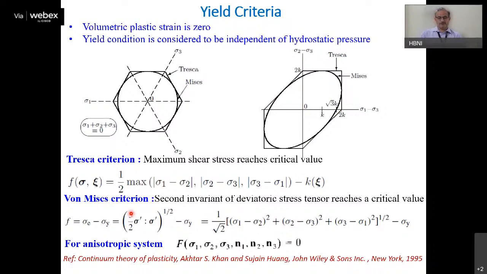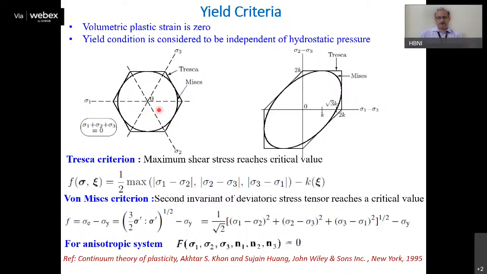That defines the von Mises criterion. So this circle that you see here defines the plastic deformation surface under the von Mises criterion.